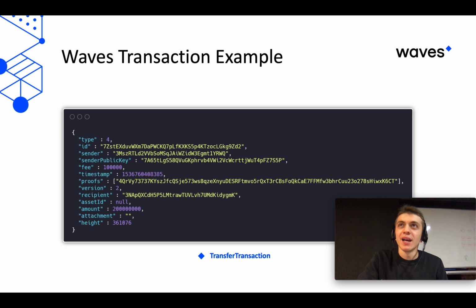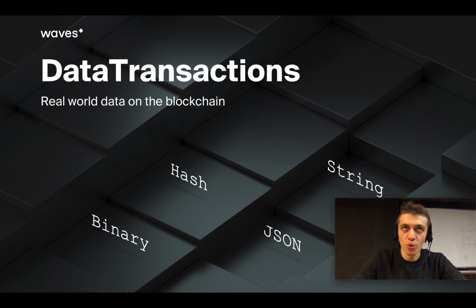Also, there are data transactions. It's really important to understand what a data transaction is. In the Waves blockchain, you can store some data, and for each account, there is a key-value storage. So each account has private and public keys, and an address, which we can always get from the public key, and that address can hold some data.